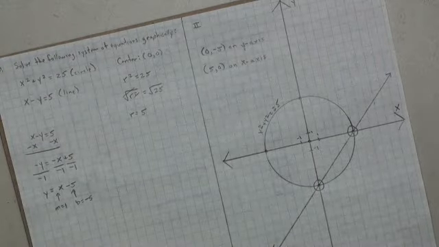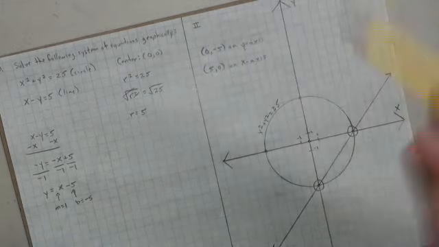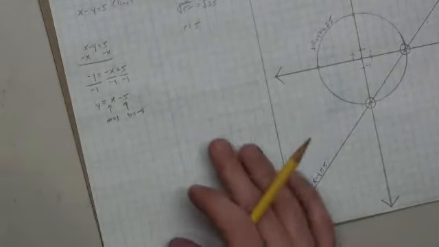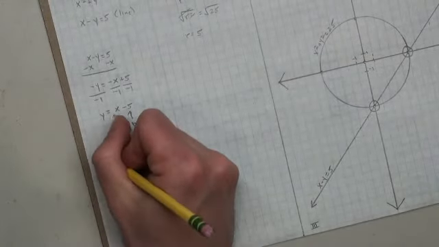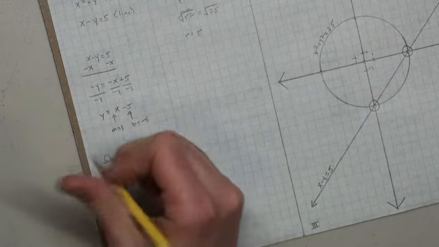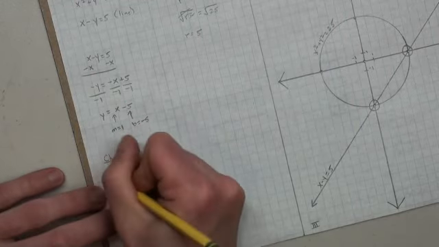Alright, just going to sharpen this. So, all I need to do is my check. First let's check the point 0, negative 5.